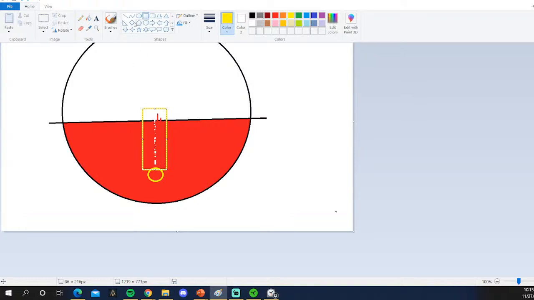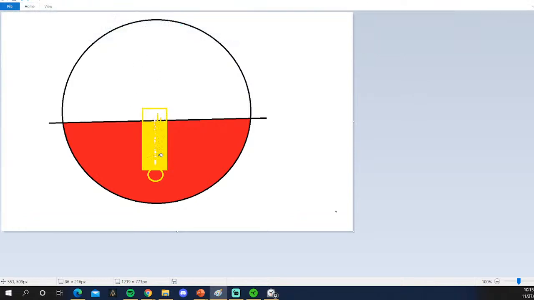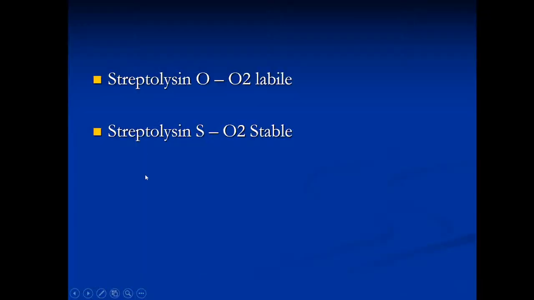All right, is it clear, guys? If it's SLS, it will produce something like this because, based on our definition, it's oxygen stable. It will not be destroyed in the presence of oxygen. If it's SLO, it will be destroyed in the presence of oxygen.